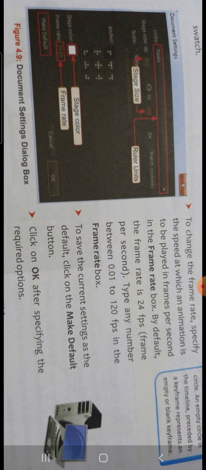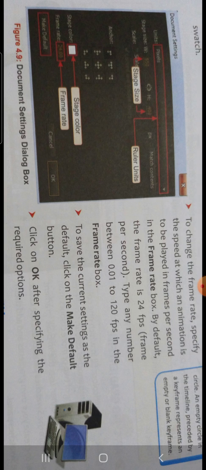But one thing to remember is that not all the frames are displayed at once. If the rate is 24 frames per second, it means it divides 1 second into 24 parts, and one frame is displayed in each part. That is, all these 24 frames are displayed in 1 second, one by one, not at once.